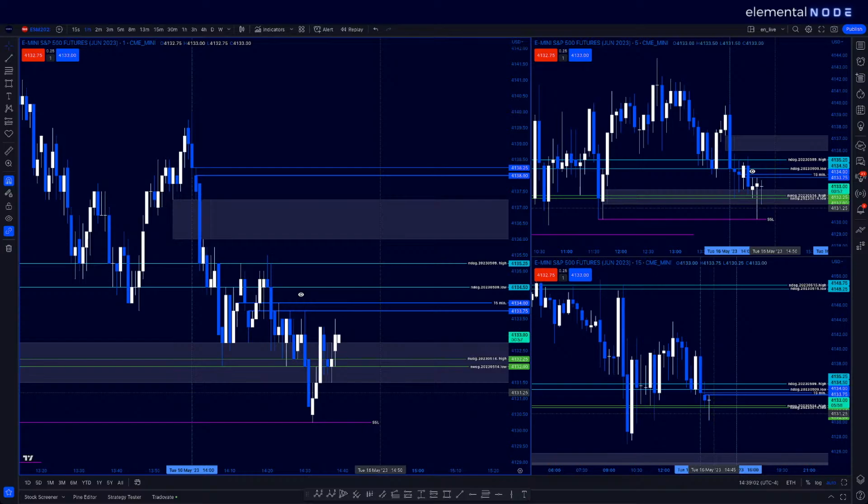That's 1. Look at our 5-minute chart. Looks like we are forming a swing low right after tapping that sell side liquidity.